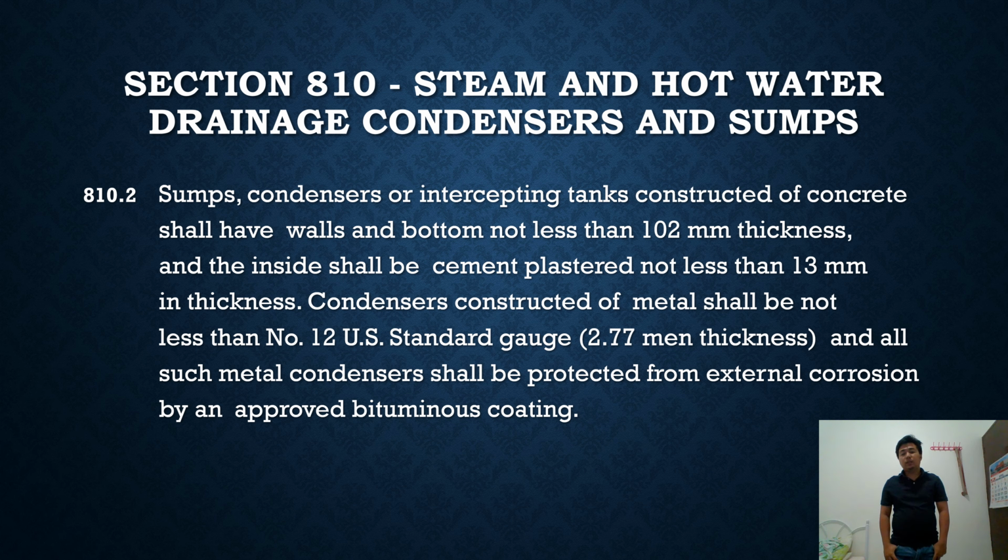Condensers constructed of metal shall be not less than number 12 US standard gauge, 2.77 mm thickness, and all such metal condensers shall be protected from internal corrosion by an approved bituminous coating.